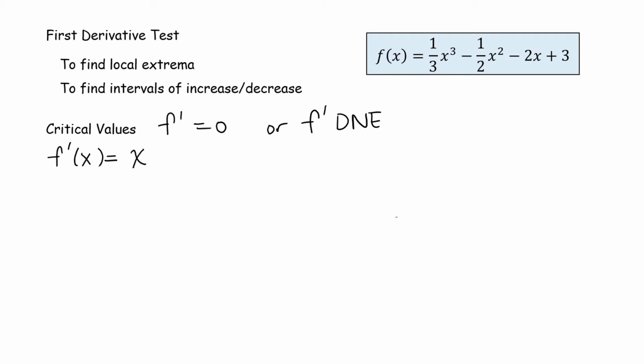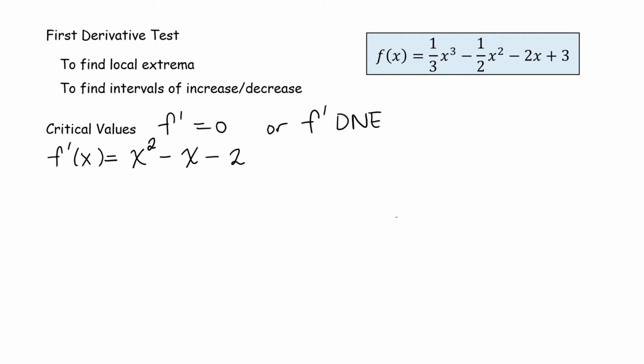That'll give you a coefficient of 1, so we just write x to the power of 3 minus 1, which is x squared, minus the derivative of 1/2 x squared. 1/2 times the power of 2 when brought down is just 1. So you'll have x, and then 2 minus 1. We don't write a power of 1. The derivative of minus 2x is negative 2, and the derivative of the constant 3 is 0.